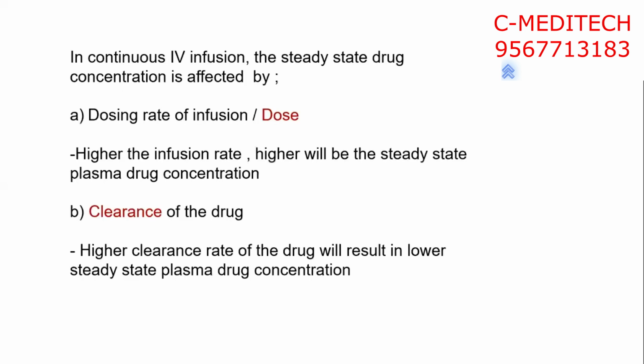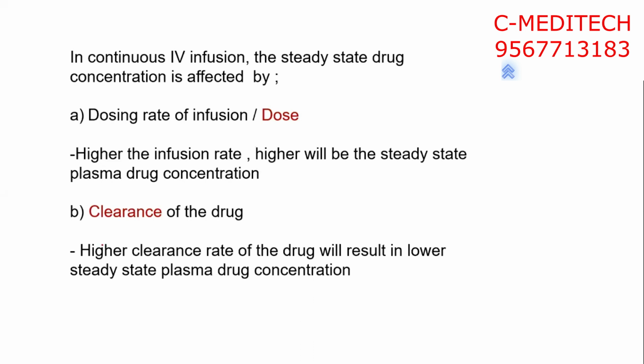Coming to the explanation, we know that in continuous IV infusion, the steady state drug concentration in plasma would be affected by dose and clearance of the drug mainly. As we increase the dose or the infusion rate, the higher will be the steady state plasma drug concentration.